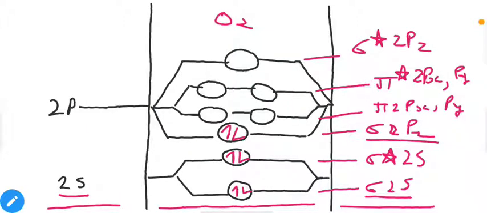Then in the next 2 orbitals, that means the pi orbitals px and py, first 1 electron will be arranged like this. Now let us count the total number of electrons. Keep in mind 4 electrons are already added in sigma 1s and sigma star 1s. So later we arranged a total of 8 electrons. So a total of 12 are complete.